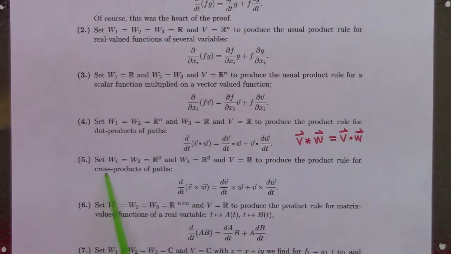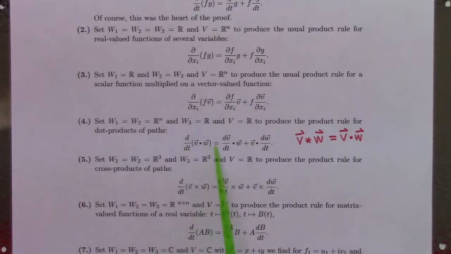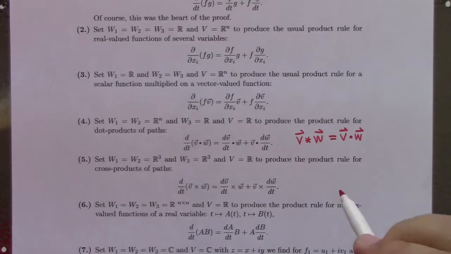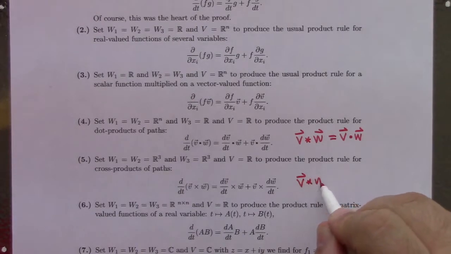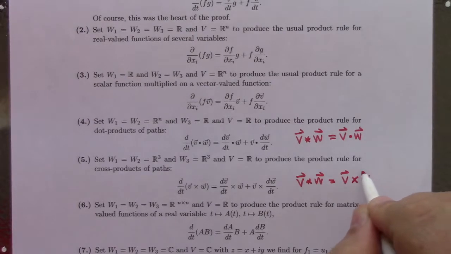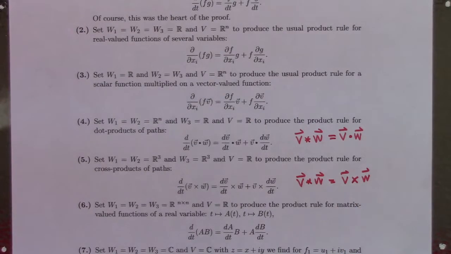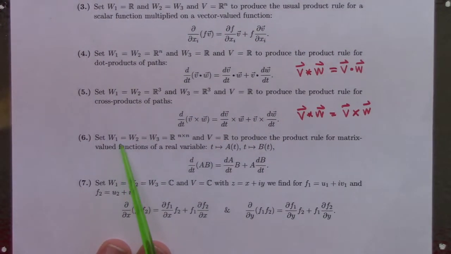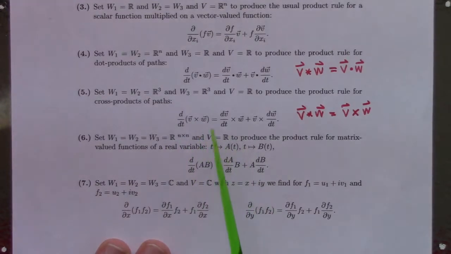Likewise, if we take w1 and w2 to be R3 and w3 to be R3, and we're thinking of v star w equal to v cross w, being the cross product in 3 dimensions, then we get that lovely product rule. And of course, we can also let w1, w2, w3 all be n by n matrices, and take a domain of real numbers just to keep it concrete.